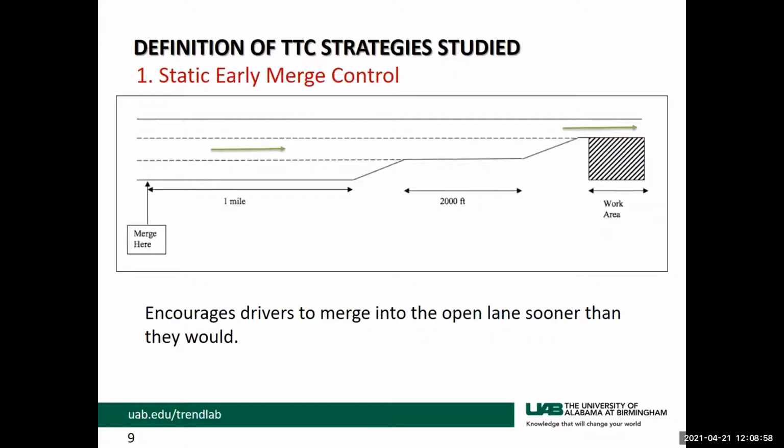So this slide and the next describe the difference between the early merge control and the late merge control. During the early merge control, which is a very typical type of control used here in Alabama, we encourage the drivers to merge to the open lanes early on, way upstream from where the lane drop will take place.